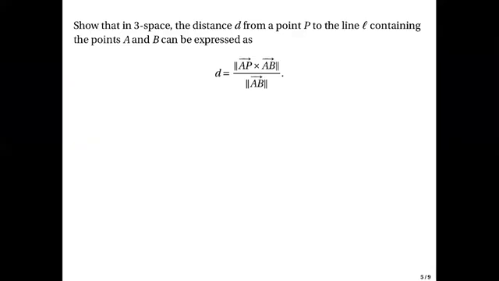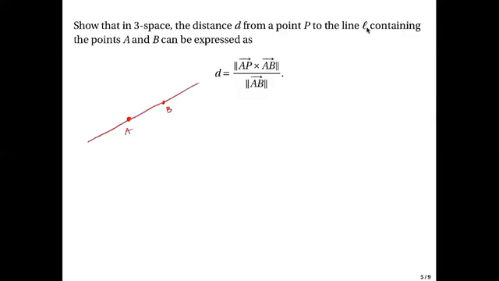So, for example, you have the 2 points A, B, and that generates line L. So, say this is your point A. This is your point B. Then you have the line.